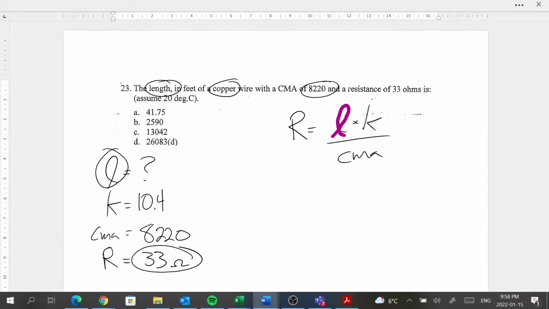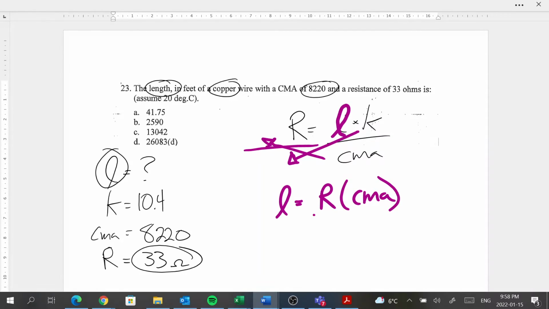To do that, all we've got to do is bring the K from the bottom side of this equation to the other side, and bring the CMA from the bottom to the top of the other side of the equation. So that's going to leave us with L equals R times CMA divided by K.